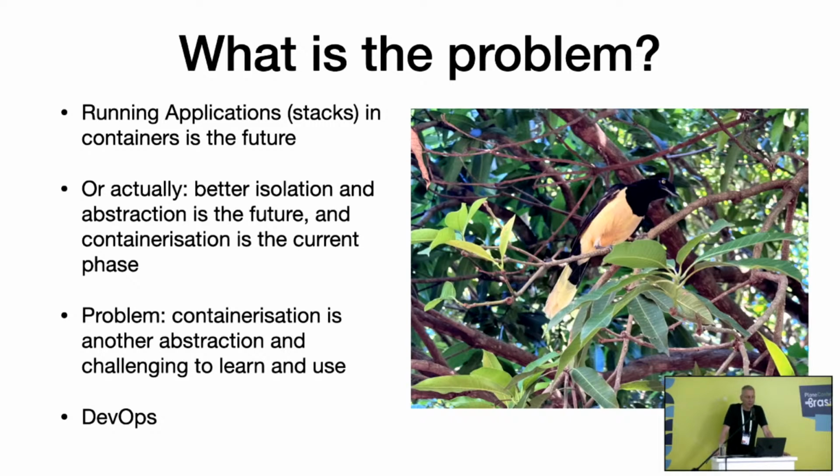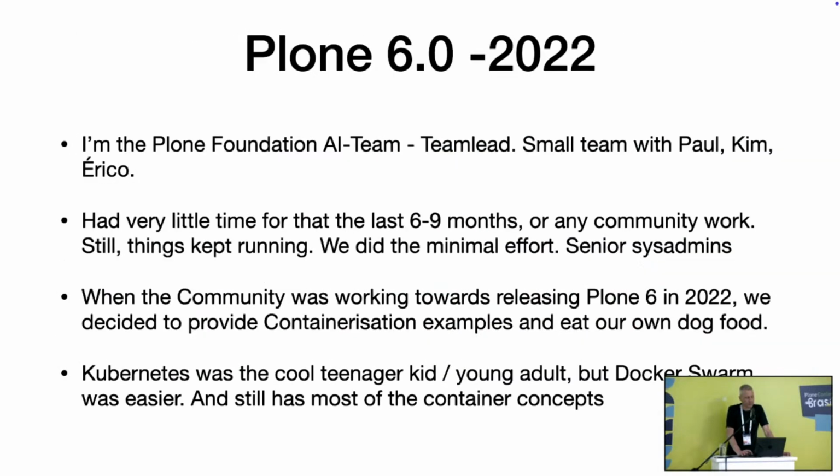And the problem there is that containerization is another abstraction and challenging to learn and to use. And of course, we call this system administration, we call it DevOps, which was just a nice trick to lure developers into doing system administration, but still, it's challenging.